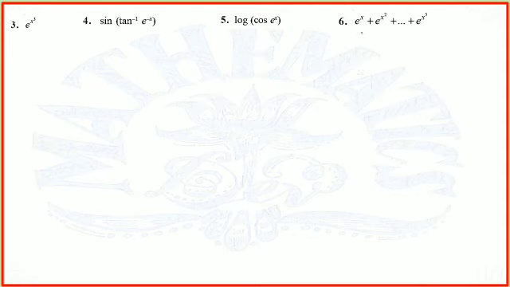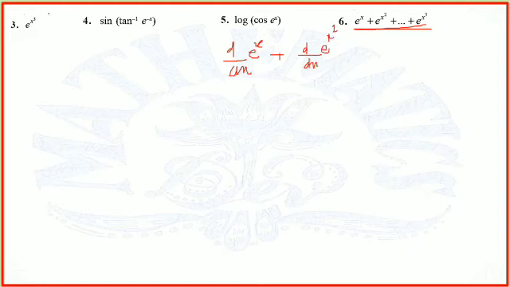Question number 6. The exponential functions are in algebraic form, so very simple, nothing to worry about. d over dx, we distribute the derivative over the terms. The first term is e^x, then d over dx of e^(x square). We have already done one such question, question number 3, plus so on, up to the derivative of e^(x power 5).